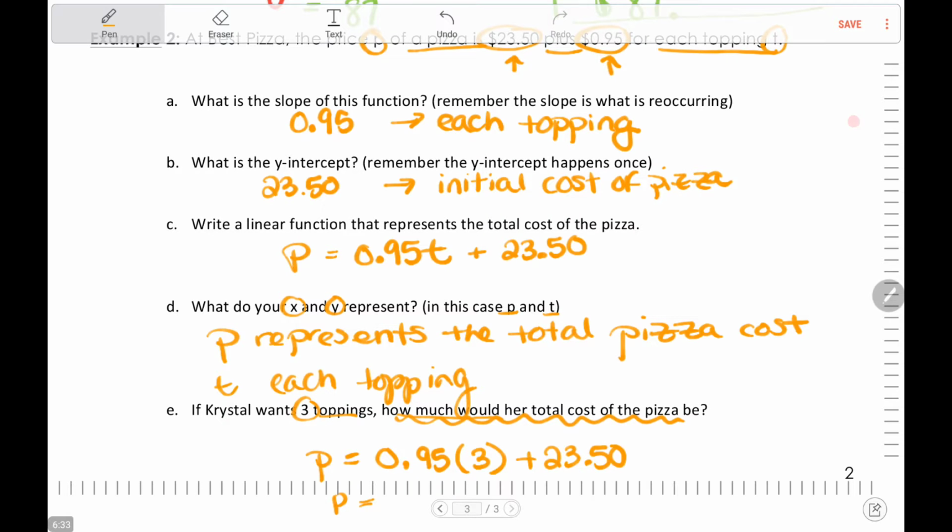Okay, so let's do that math. So that's 26.35. Okay, so the total cost would be $26.35.